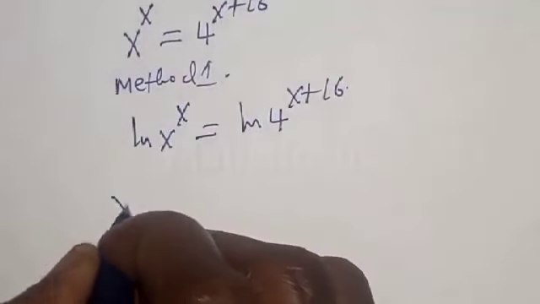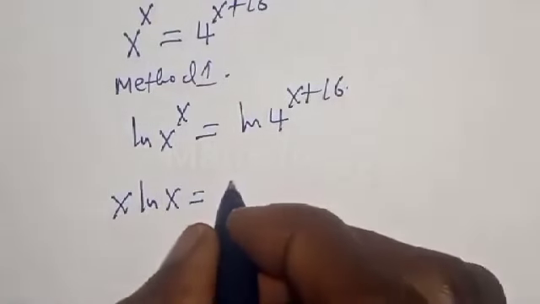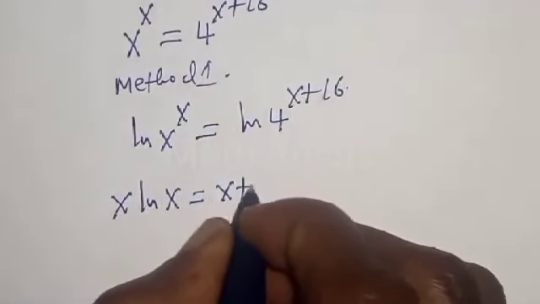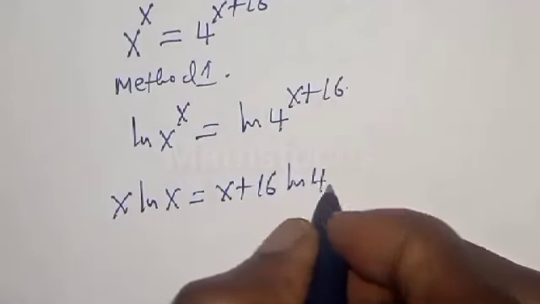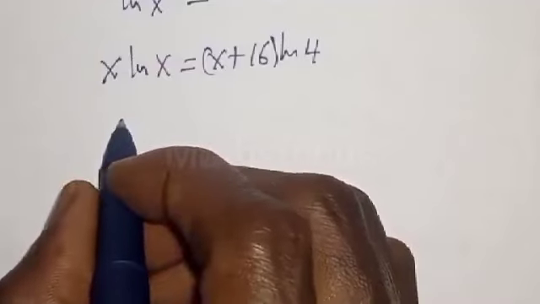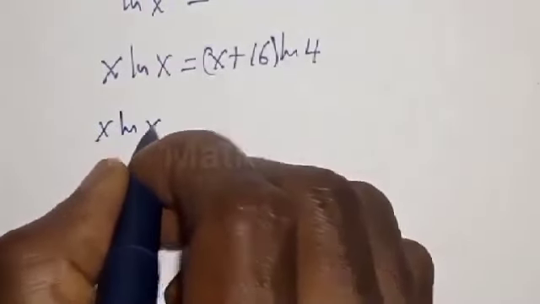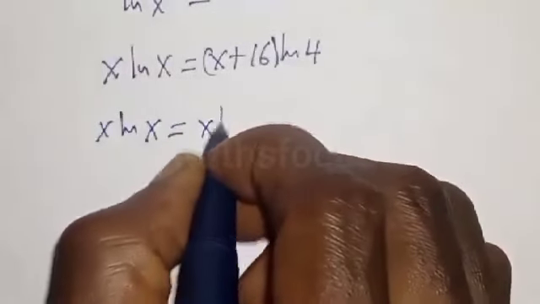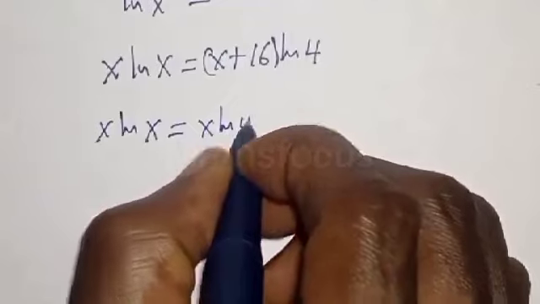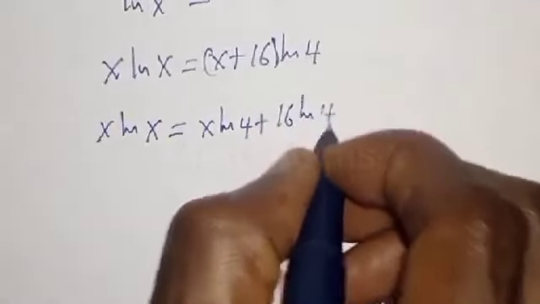Now we have x natural log of x is equal to, let's open the bracket, x natural log of 4 plus 16 natural log of 4.